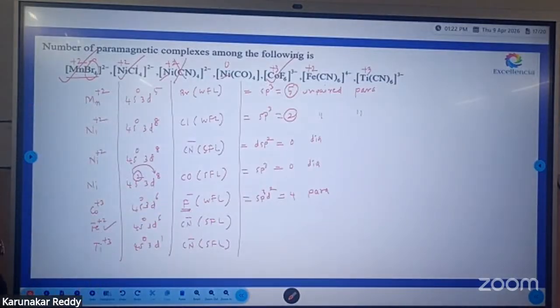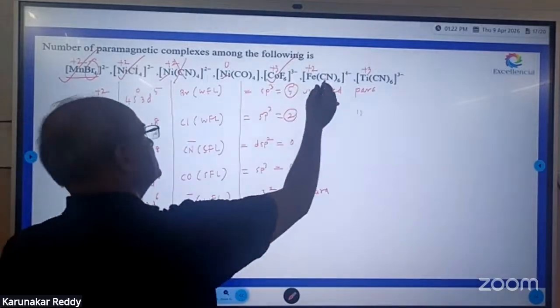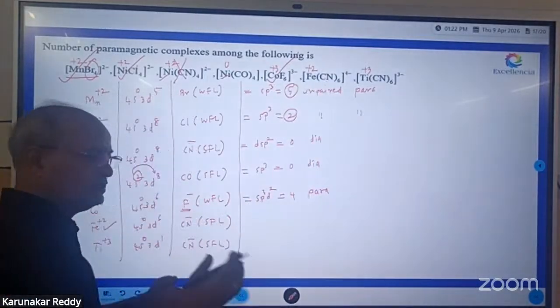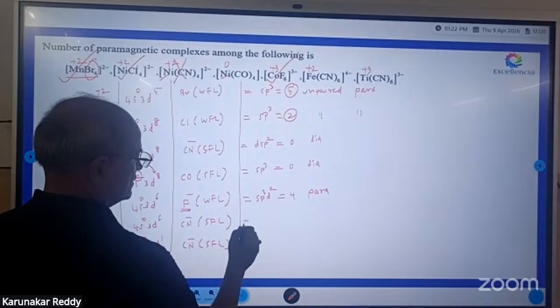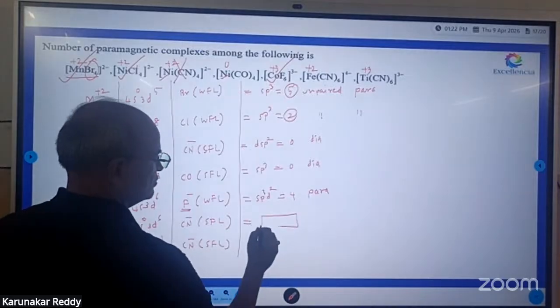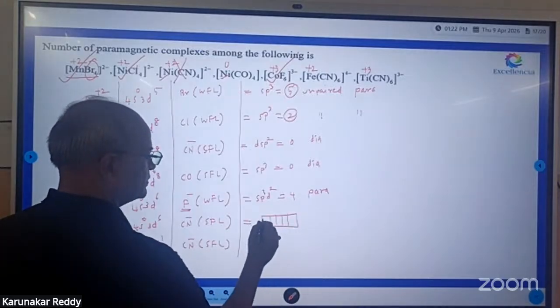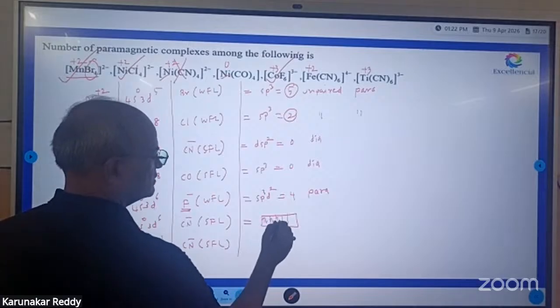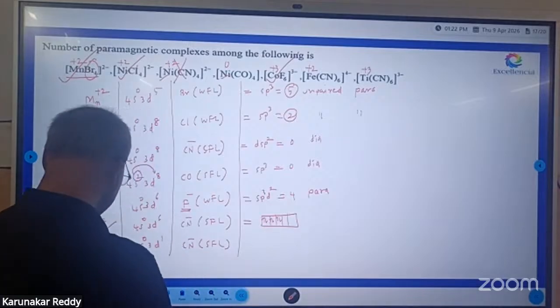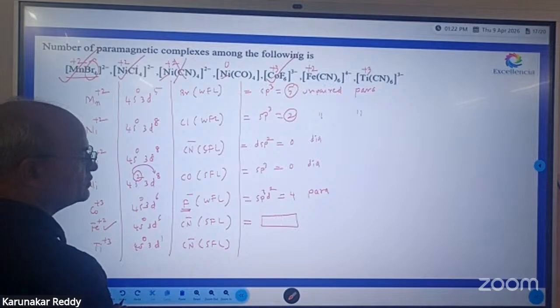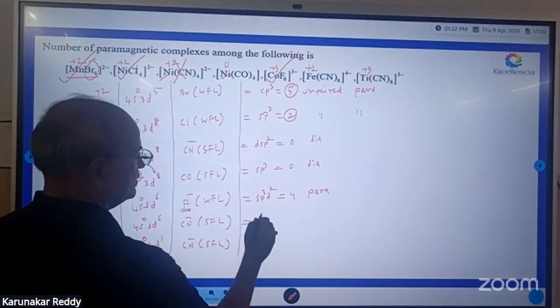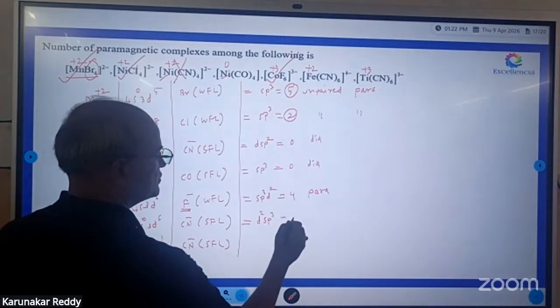And Fe +2. So Fe +2 with a CN minus, of course 3d6 is there, rearrangement occurs, rearrangement matlab, forcefully paired up against Hund's rule, 2, 4 and 6 will be there. The hybridization became d2sp3. It's a d2sp3 hybridization with 0 unpaired electrons.